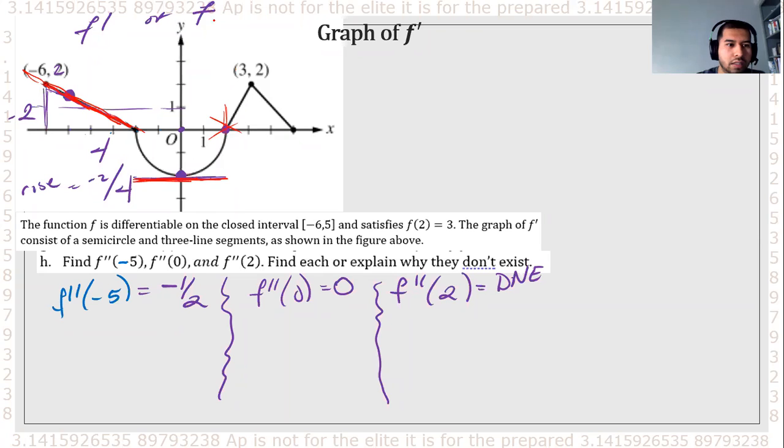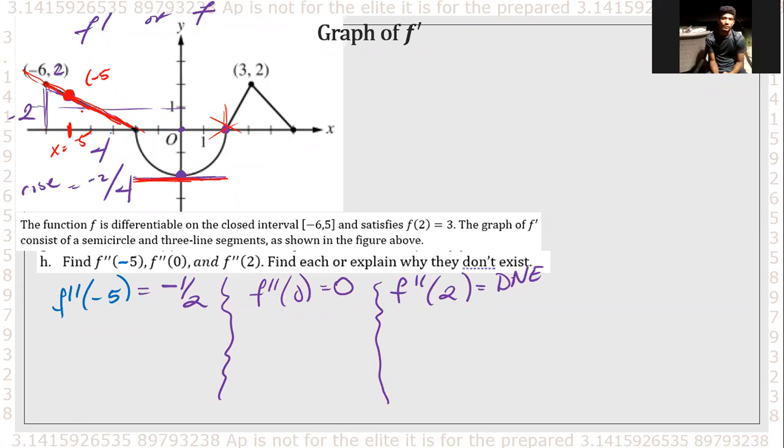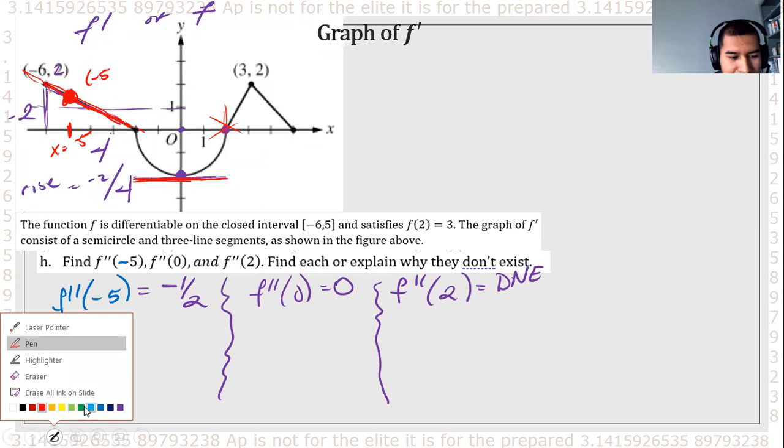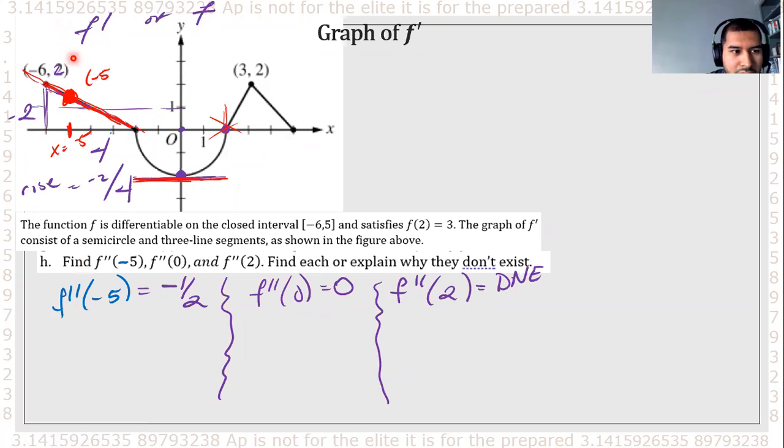This right here is where this is -5. Okay, so from right here, if I told you to find me the slope at this point, you would see that, hey, there is this line right here, this line segment.